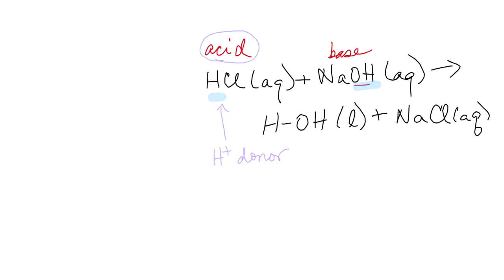What accepted the H plus? Well, you can see the hydroxide here accepted the H plus and became the water. So this is my proton acceptor, and therefore sodium hydroxide, in particular the hydroxide, is the base.